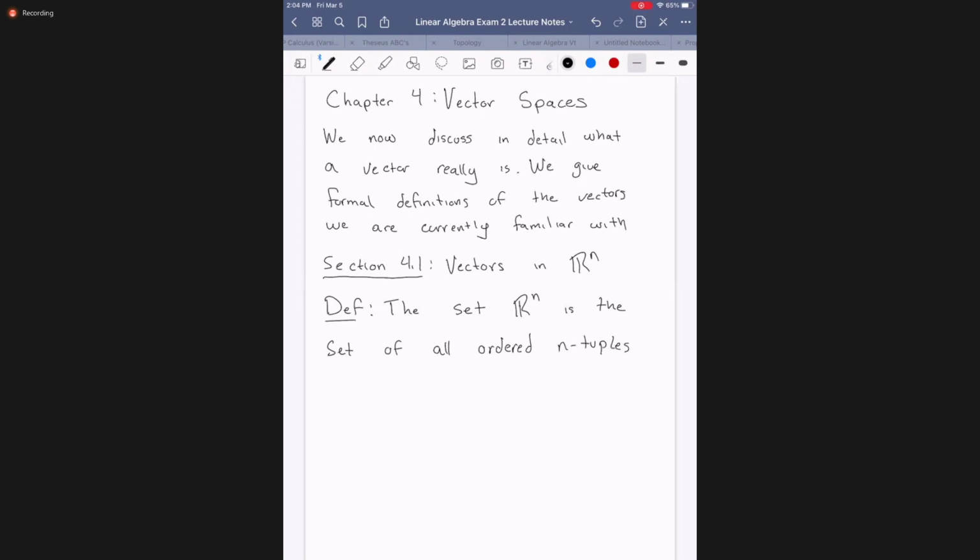What I mean by n tuples is that a two tuple just means you have a list of two things. A three tuple means you have a list of three things. N tuples means you have a list of n things, of real numbers.